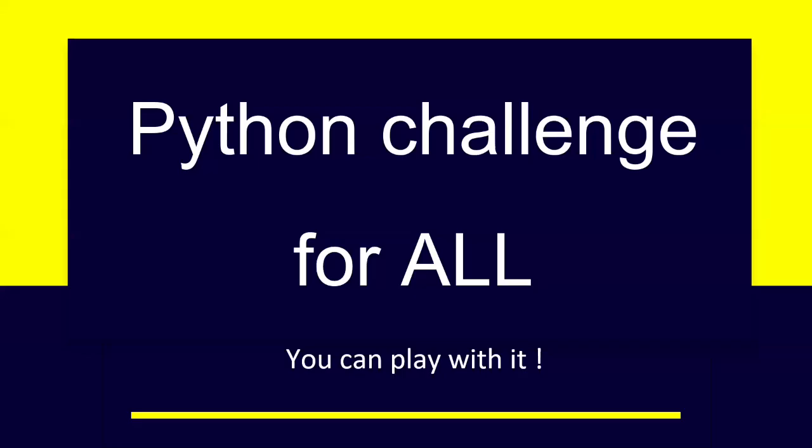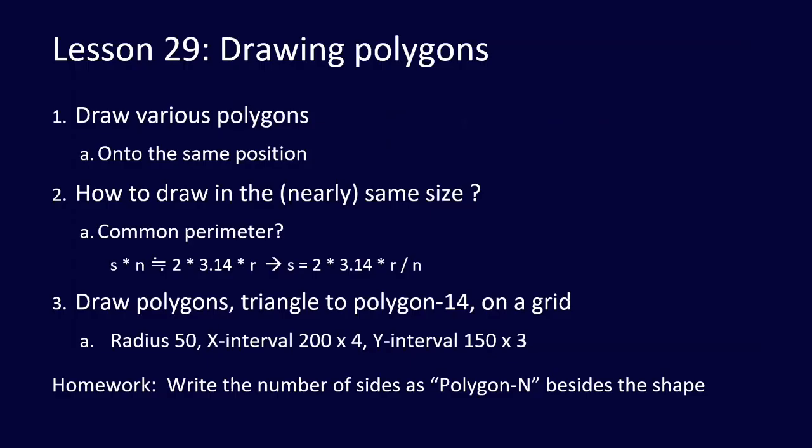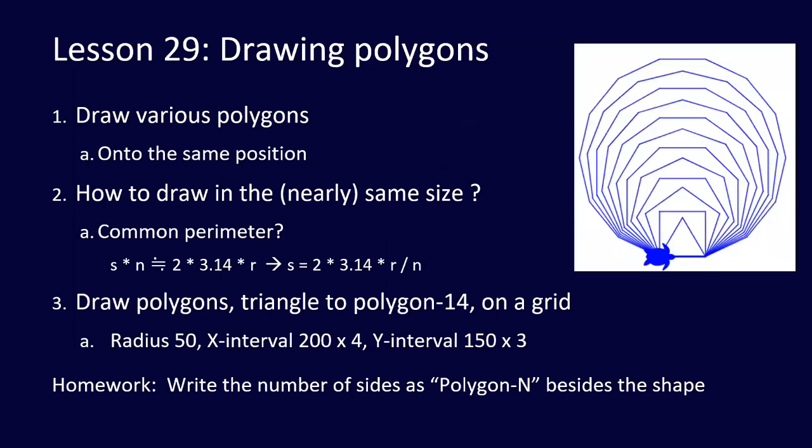Okay, let's see where we were last time. Last time, lesson 29, drawing polygons. We started to draw some polygons in the same position, and then found out that using the same parameter, the shape becomes bigger and bigger as the number of vertices increases.